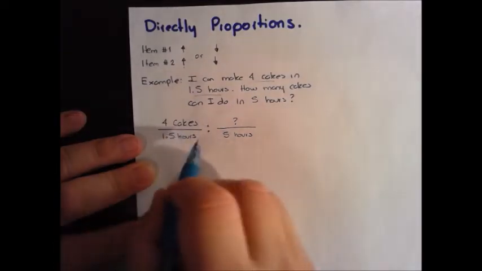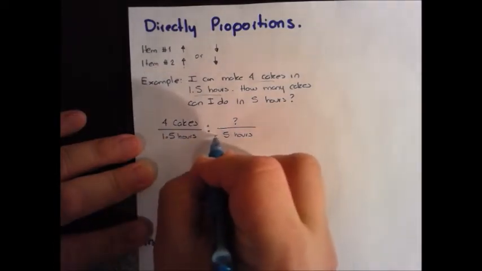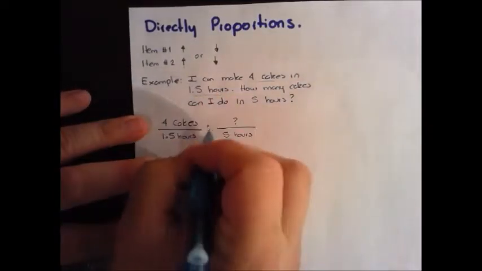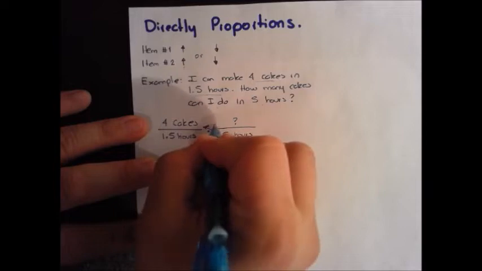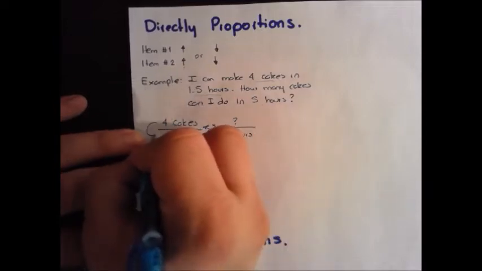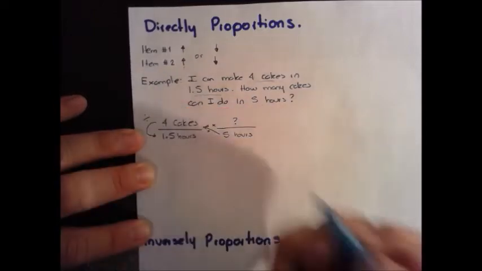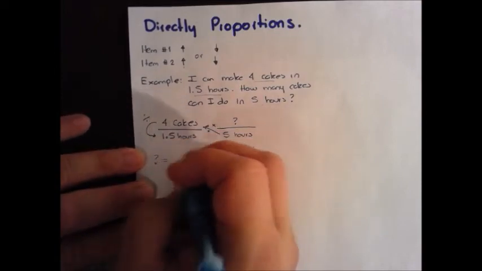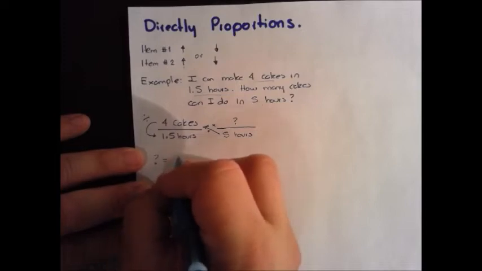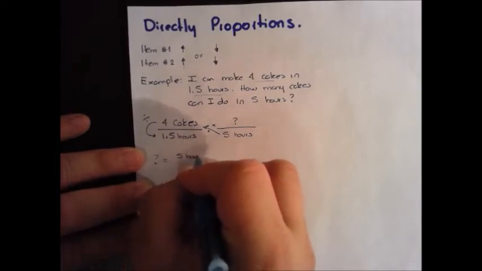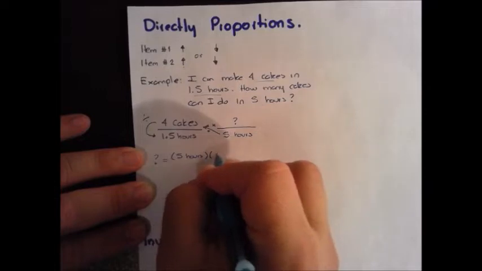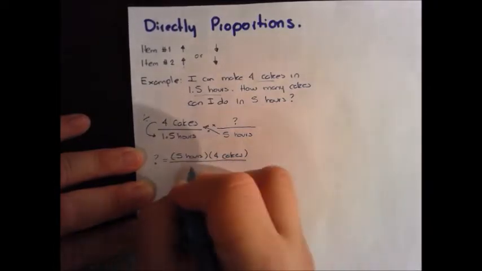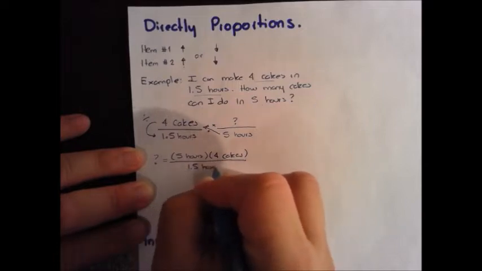Okay, I need to make again a simple rule of 3. Remember, we need to multiply here and then we need to divide. So I'm going to write the variable, the unknown, as 5 hours times 4 cakes over 1.5 hours.